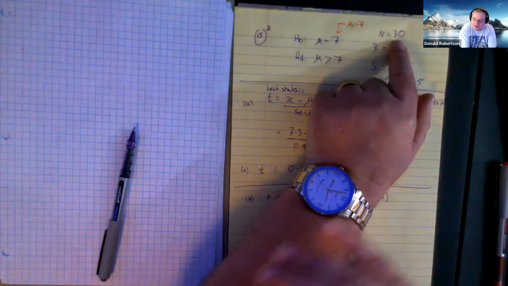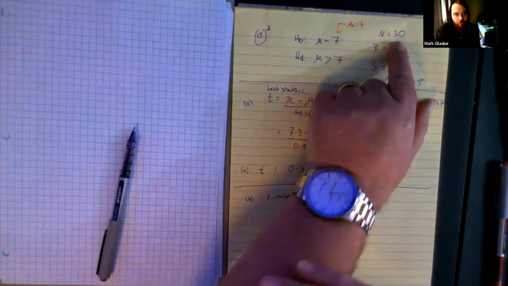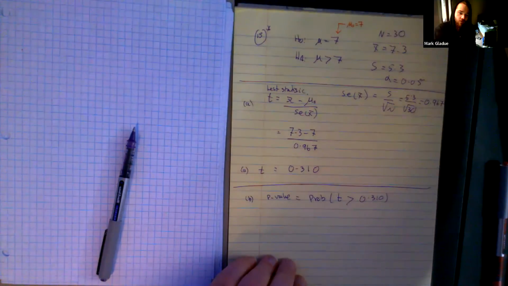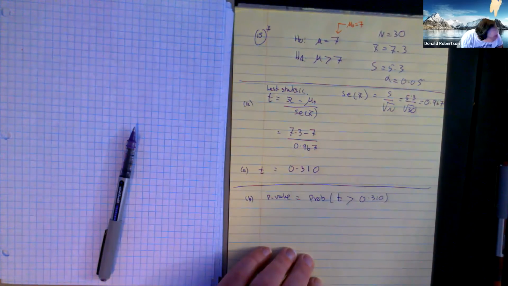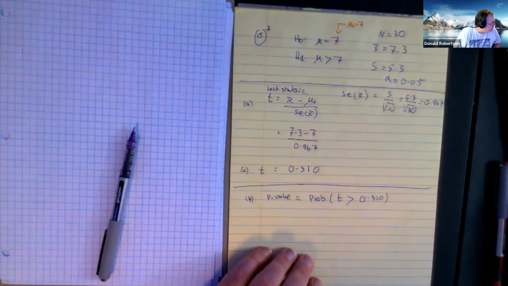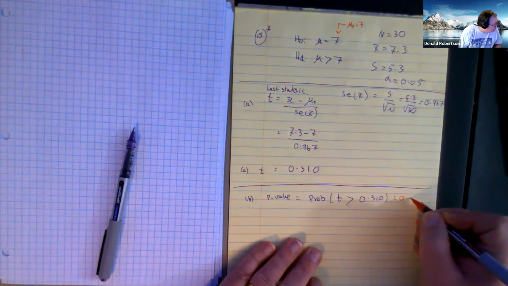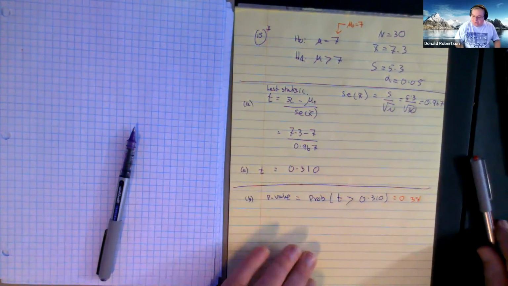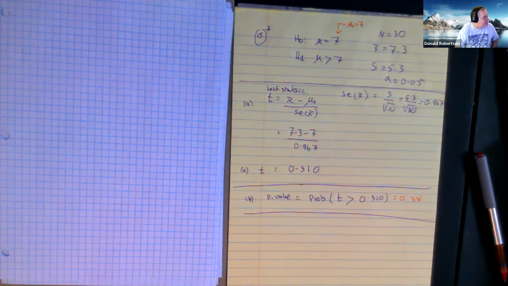Just to remind you. 29. 29. And the other stuff, it's a greater than, so it's a right-tailed test, and it's to be greater than 0.310. And the answer I get is a rather disappointing 0.38. So p-value. It's that bit done.